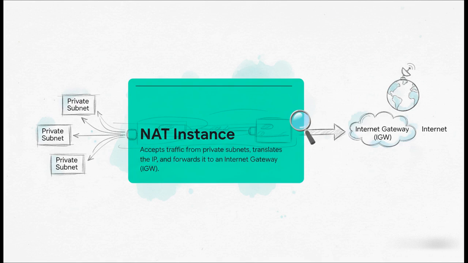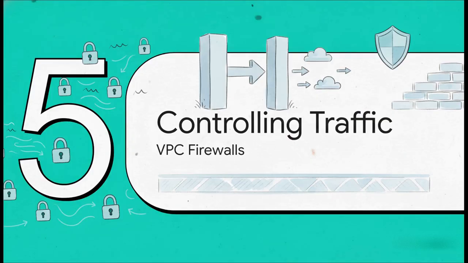Your private instances send their outbound traffic to this NAT instance, and then the NAT instance safely forwards it out through the Internet Gateway. What the NAT instance does is create this secure, one-way door. It lets your private resources talk out to the internet, but it prevents the internet from ever starting a conversation back in.